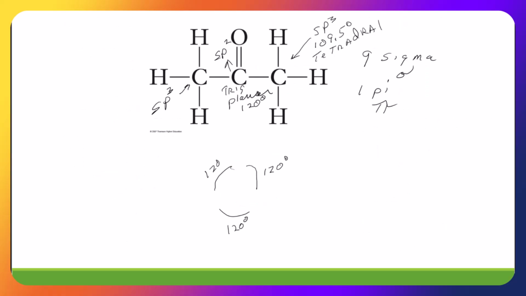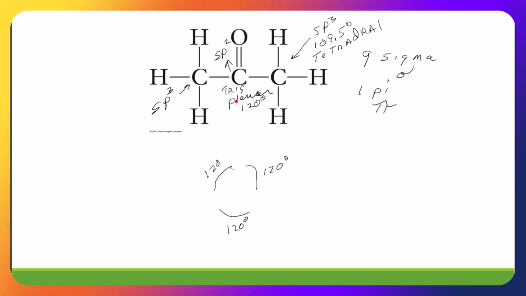All right, let's take a look at this guy. Here we've got 1, 2, 3, 4 things around each of the outside carbons. That's sp3 hybridization, tetrahedral electron and molecular geometry, no non-bonding pairs of electrons, 109.5 degree bond angle. But around this carbon, you have 1, 2, 3 things around the central atom.